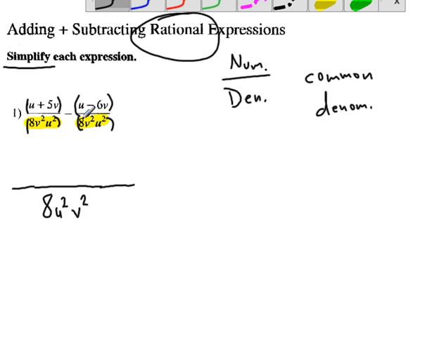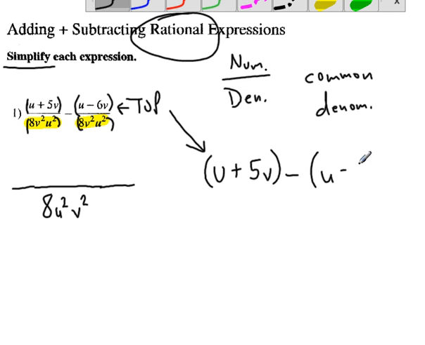If you have a common denominator, the only thing you need to worry about is the top half, but the bottom half needs to be there. As you get started, the top is u plus 5v minus u minus 6v. You put a tail on that so you can tell the u's from the v's.